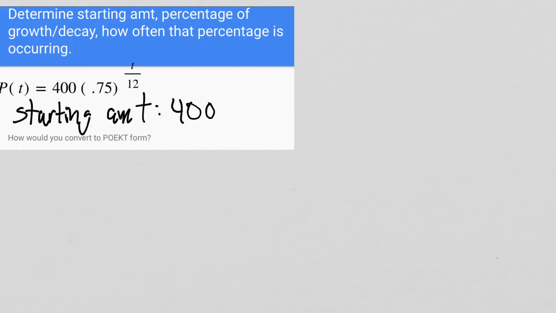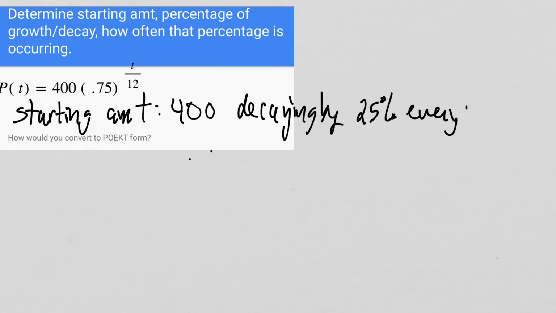Our decay is decaying by 25% every 12 months. So remembering that 0.75, we need to subtract it from 100, so it's decaying by 25%, and there's that 12 there, every 12 months.